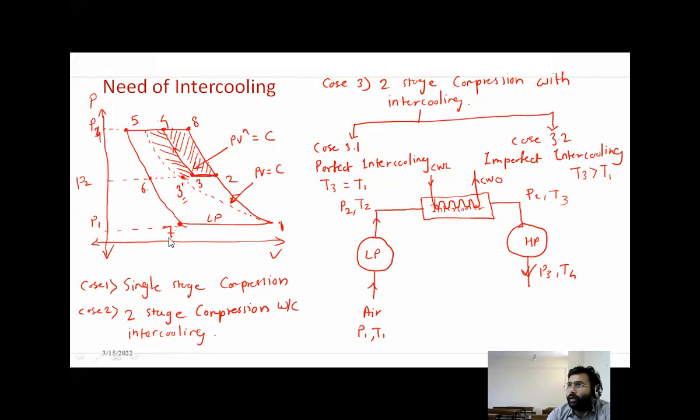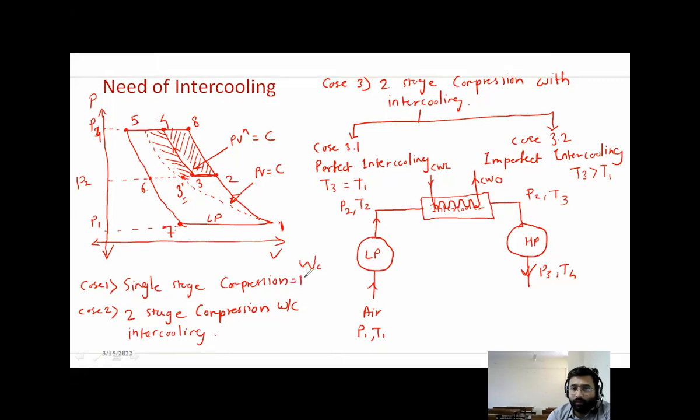So for the need of intercooling, draw this indicator diagram and first write down case number 1, single stage compression. Now in single stage compression, what will the compressor work be?